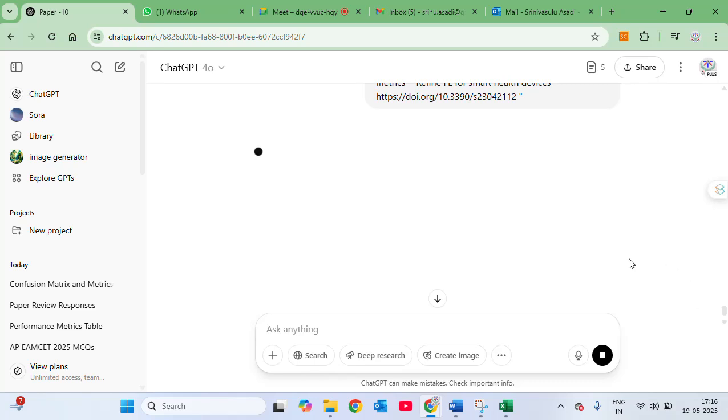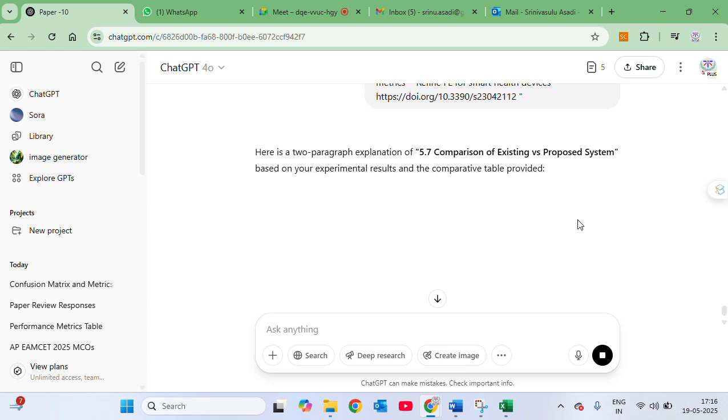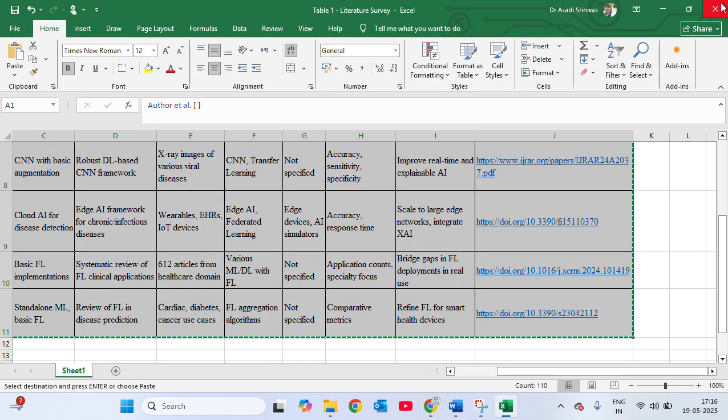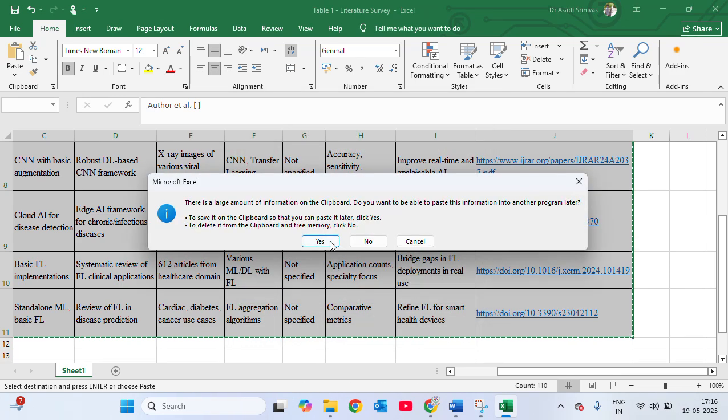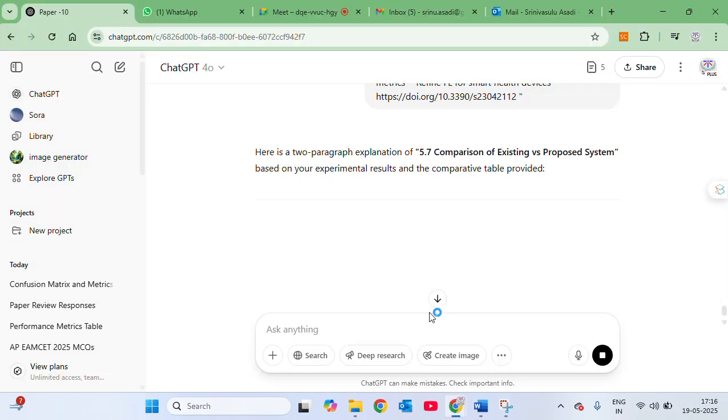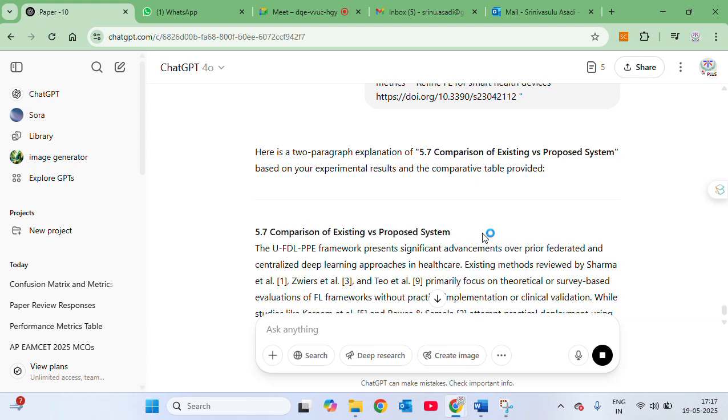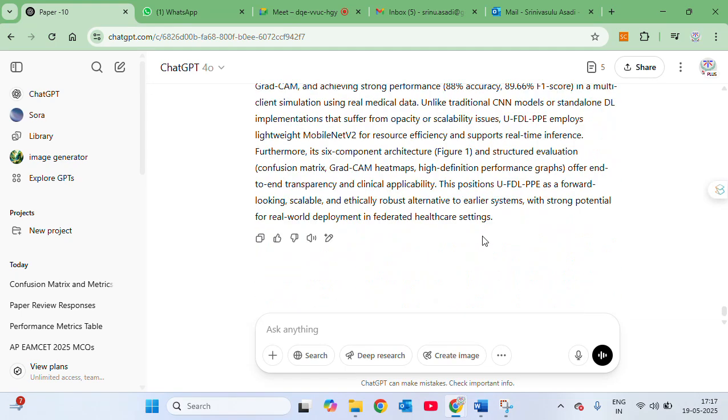This is my own side heading I have added in the paper itself. 5.7 is a comparison of existing versus proposed system. We are comparing our experimental results with the existing system results. Okay, so now it is preparing two paragraphs about existing versus proposed system.